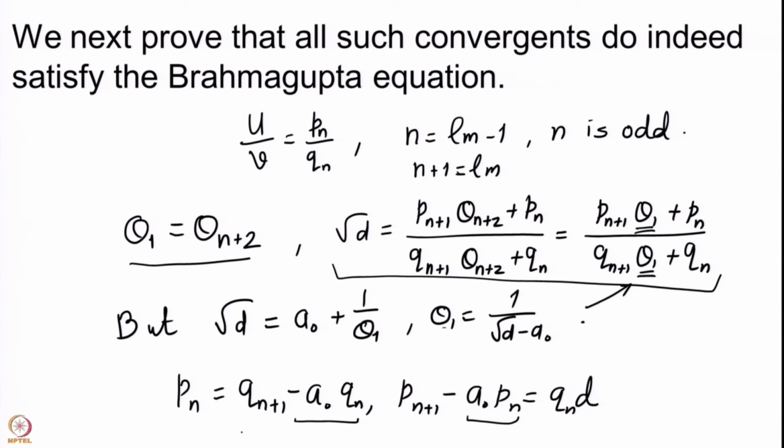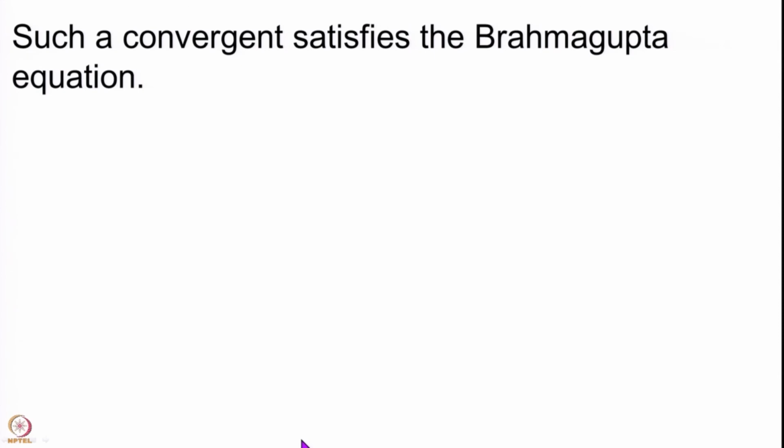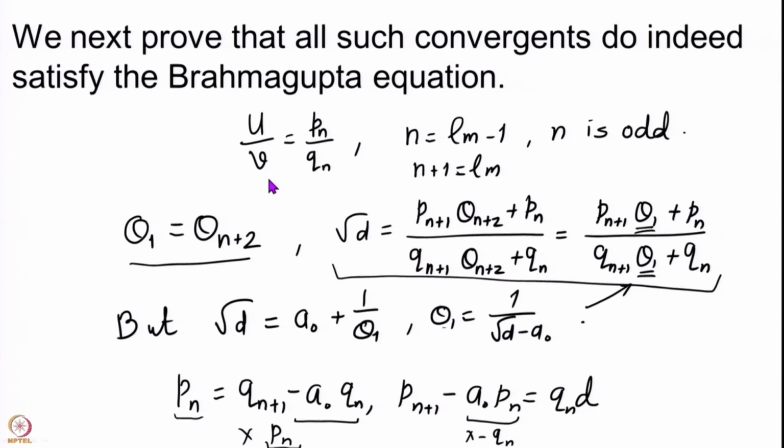So, you can eliminate a0 by multiplying this equation by Pn and multiplying this equation by Qn, but let us say with a negative sign. So, if you do that, we get here Pn into Pn, Pn square, and to this side we are going to multiply by minus Qn.